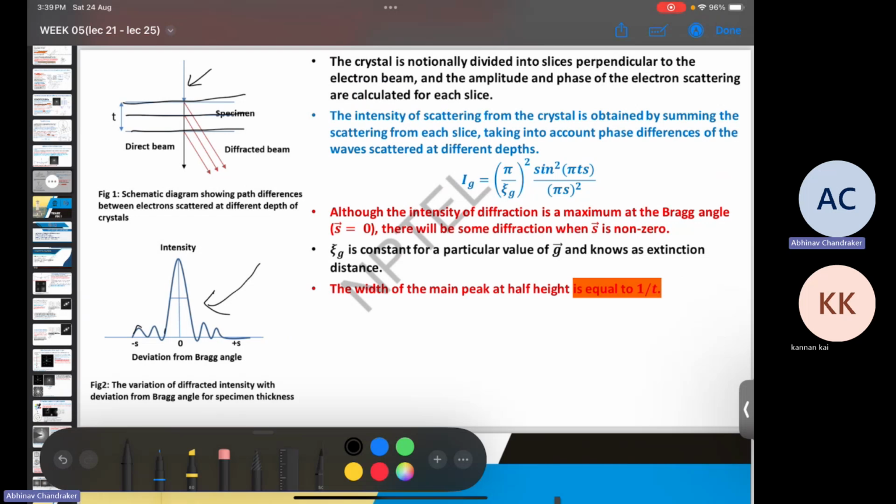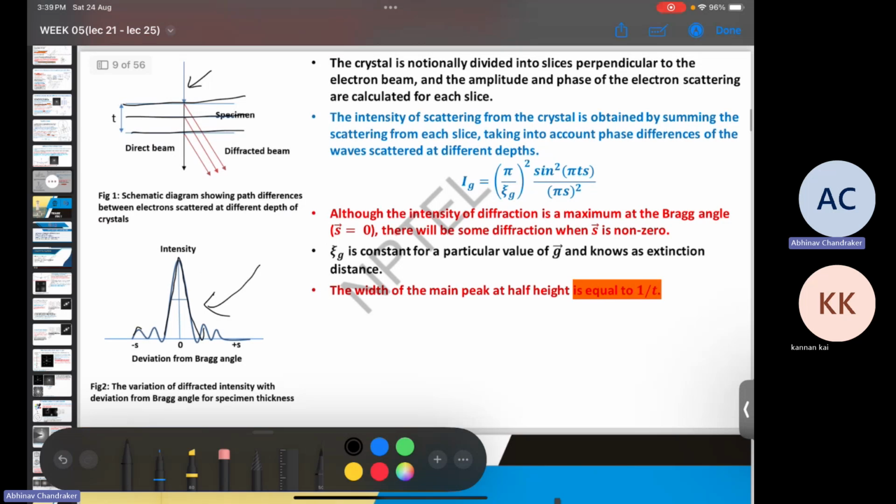You will get one main peak at the Bragg diffraction angle, but the width of this peak will be proportional to 1 by the thickness of the crystal. If the thickness is small, the width of this peak will be larger.